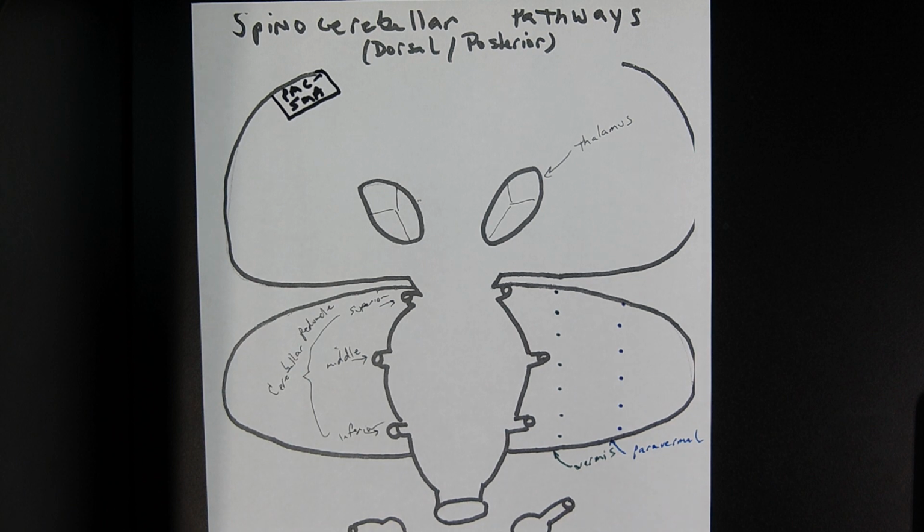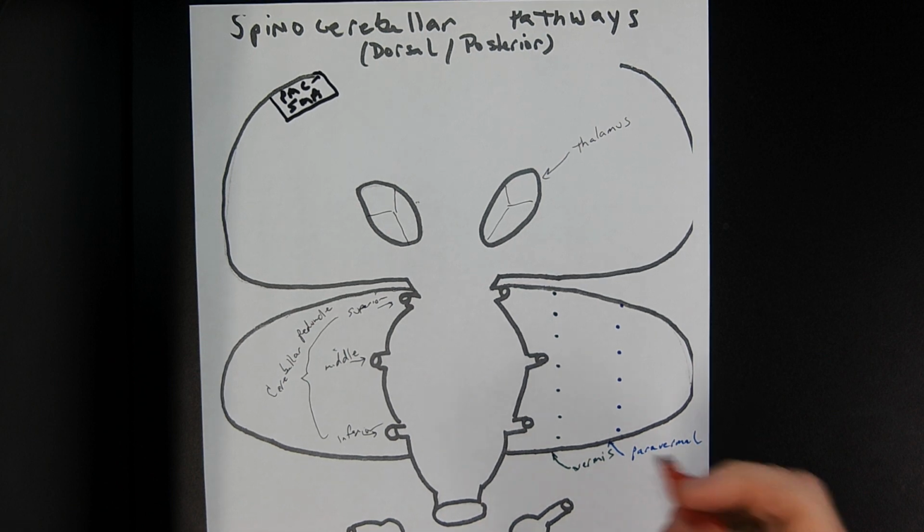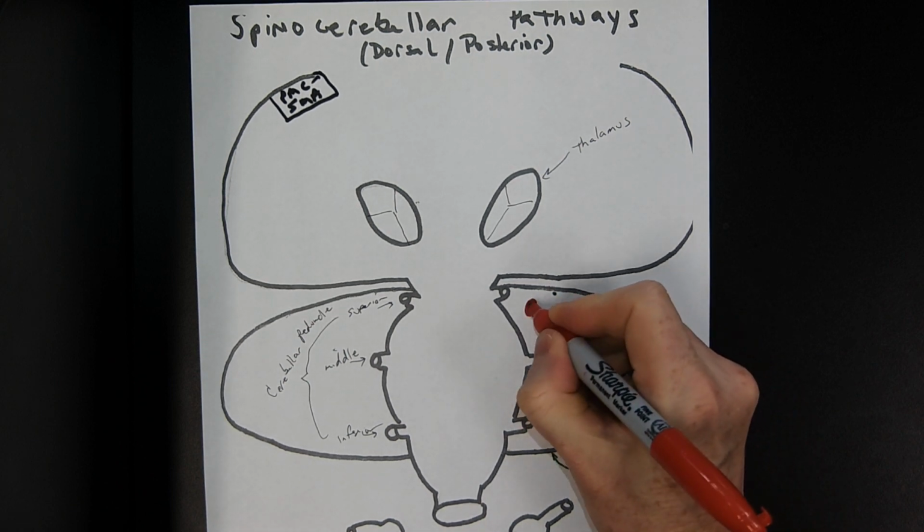Okay, what deep cerebellar nucleus is associated with the vermal area? Does anybody remember? It's the same as the vestibulocerebellum, I'll tell you that. Fastigial. Here's your fastigial nucleus.